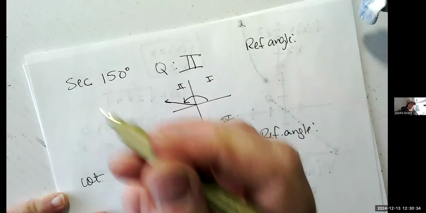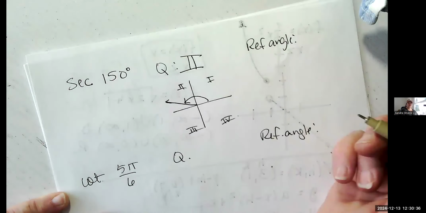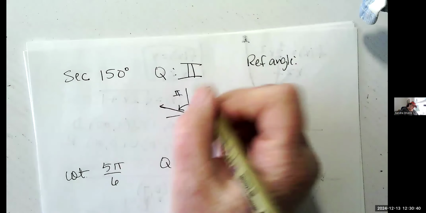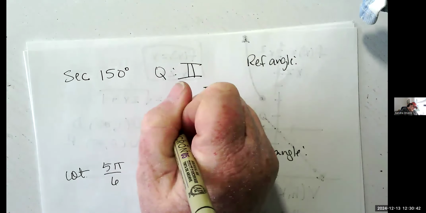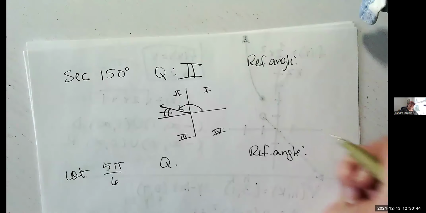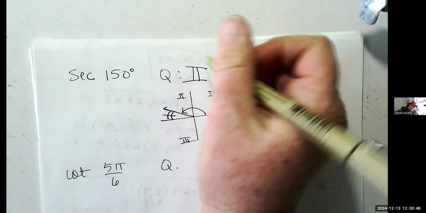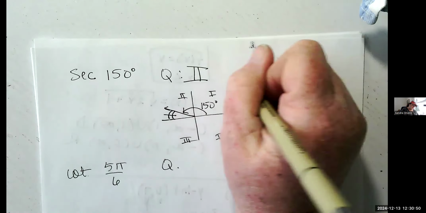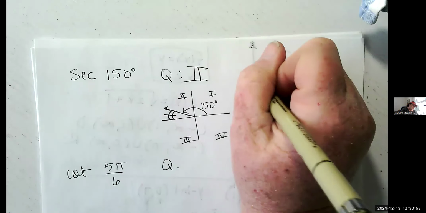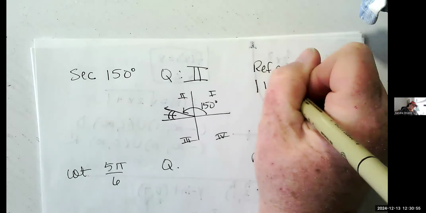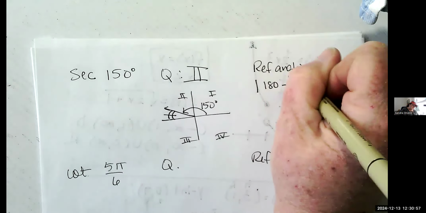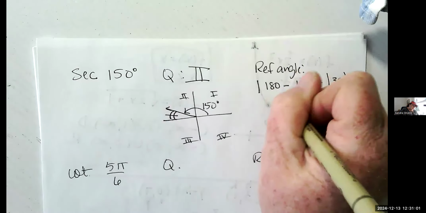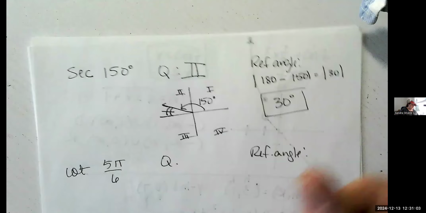The ordered pairs, well, we don't need to do that right now. Let's do the reference angle. The reference angle is between the terminal side and the x-axis. So that's the reference angle. If this was 150 degrees and it's in quadrant 2, to find the reference angle, we just need to take the absolute value of 180 minus the angle, which is the absolute value of 30, which is 30 degrees. That is the reference angle.